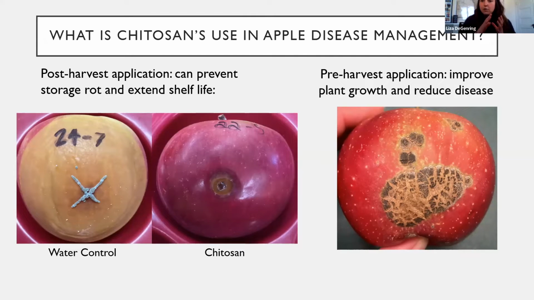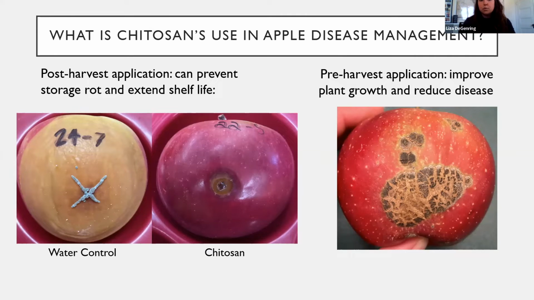And that film on the fruit actually can prevent fungal or bacterial pathogens from penetrating the fruit. And there's a lot of research to suggest that Chitosan can actually directly be antagonistic toward the fungal or bacterial pathogen. So that's another mode of action.